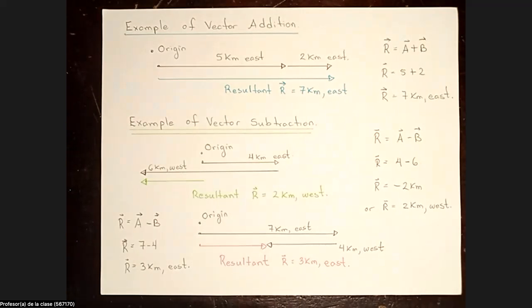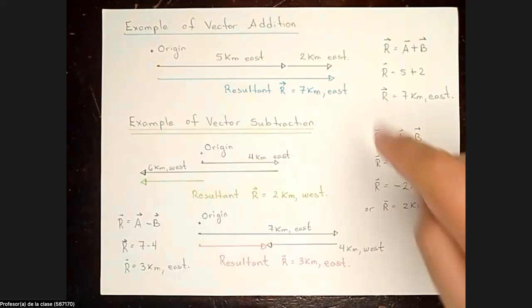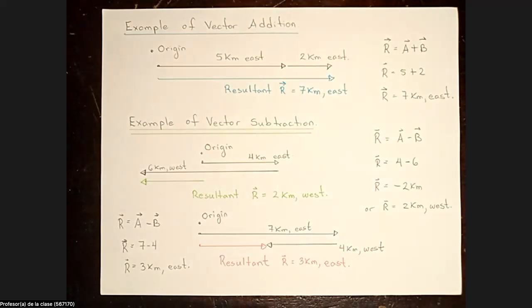So that will be easy. The resultant, R with an arrow, will be A plus B. 5 plus 2 is 7 kilometers to the east, because that movement points to the east.